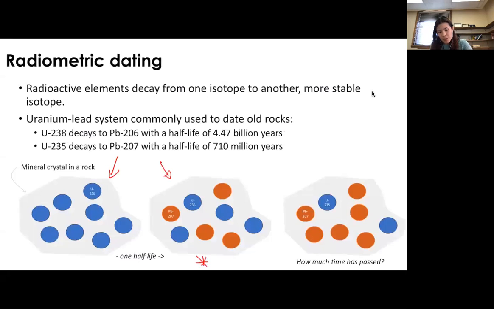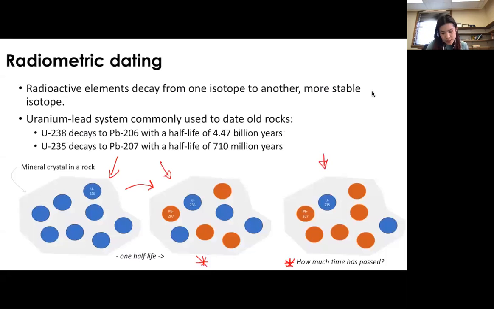If we were to pick up this rock and we'd find of the 8 atoms within it, 2 are uranium-235 and 6 are lead-207, we can ask ourselves how much time has passed. We can back calculate that one half-life led to 4 and 4.